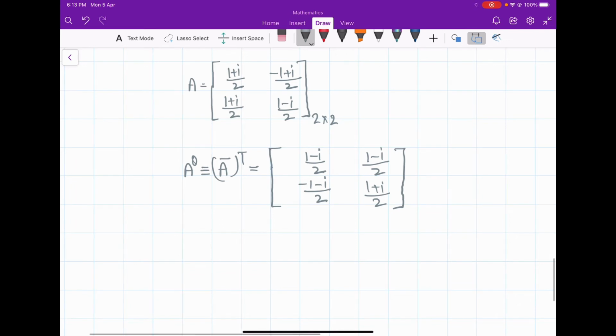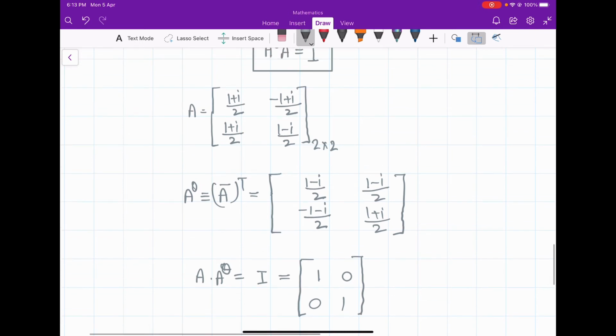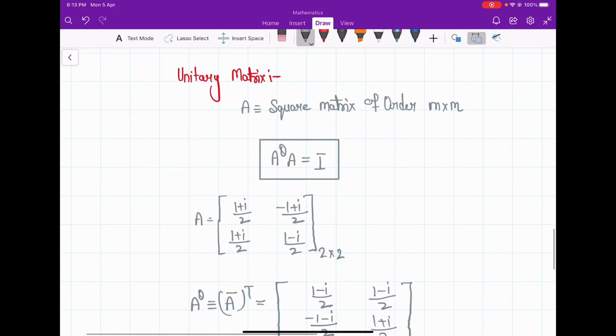After multiplying A into A theta, which gives the identity, that is 1 0 0 1, A satisfies this condition, so A is a unitary matrix.